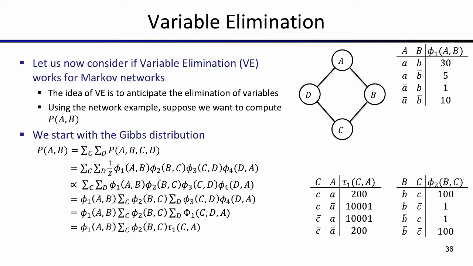Great. So I'm going to call this new factor the tau1. So this is the tau1. It doesn't mention variable d anymore because variable d was eliminated, and we have it here. So I'm just using those two letters to specify the factors.